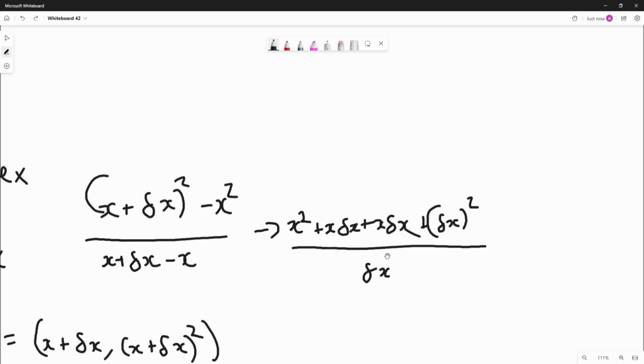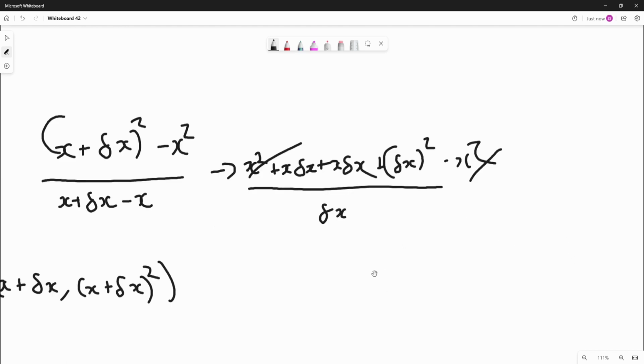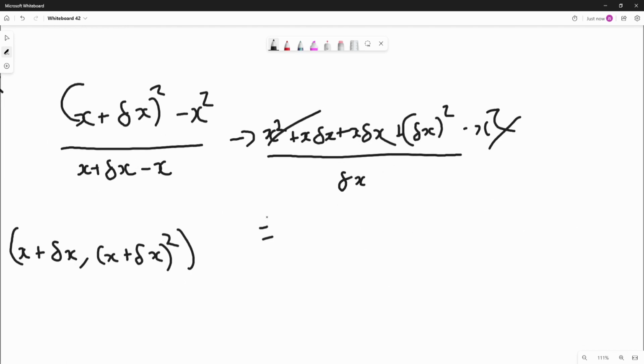Your x squareds cancel, and then everything else will cancel out to give you just delta y over delta x equals 2x plus delta x.